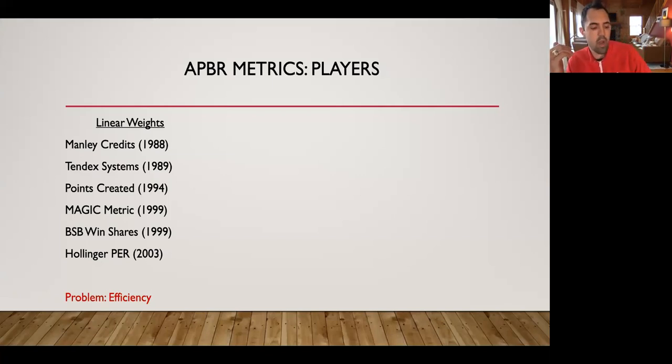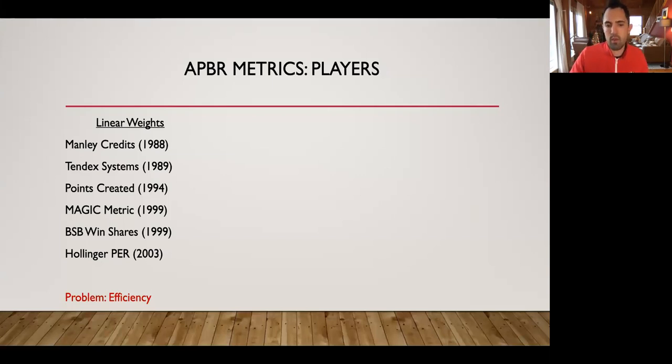Linear weights have a tough time comparing an inefficient and an efficient player, so a less efficient high usage player versus a more efficient low usage player, right?